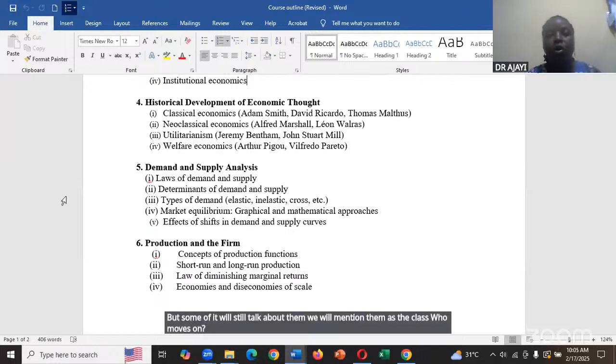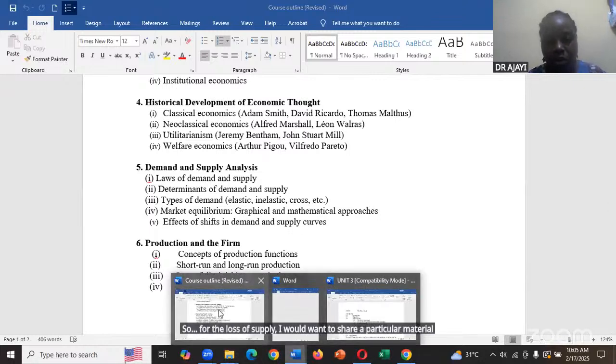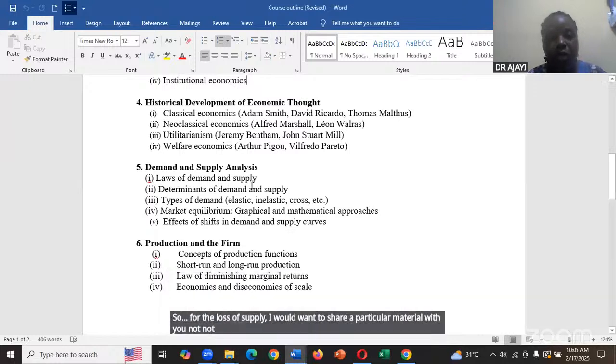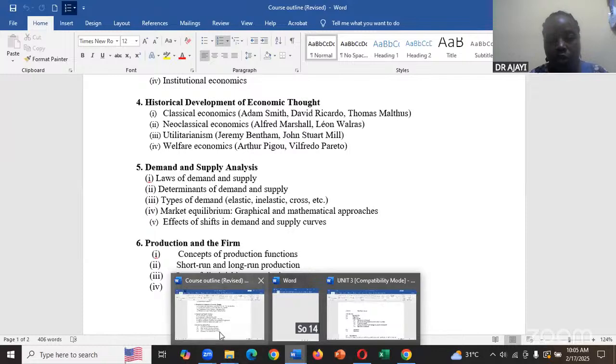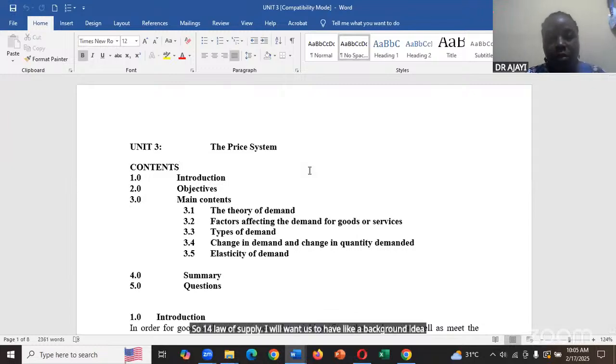So for the laws of supply, I would want to share a particular material with you, not in form of slide, but it's a note and it's quite explanatory. For the law of supply, I will want us to have a background idea on what we are talking about.